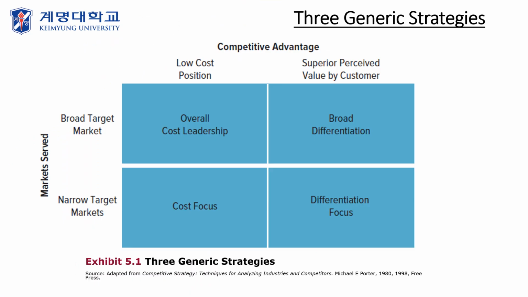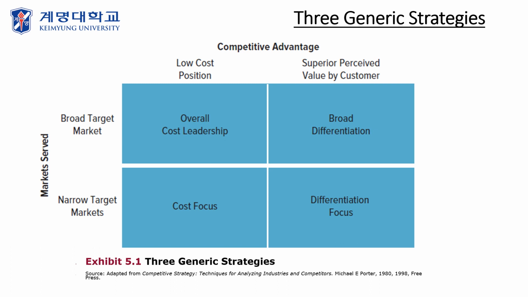Michael Porter presented three generic strategies that firms can use to overcome the five forces and attain competitive advantage. The first, overall cost leadership, is based on creating a low-cost position relative to one's peers.